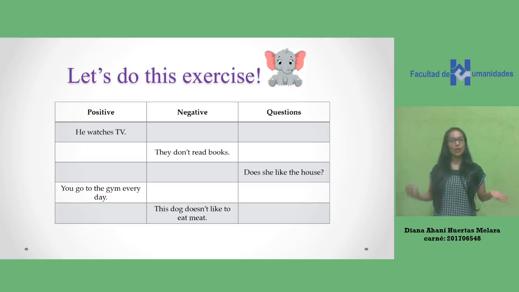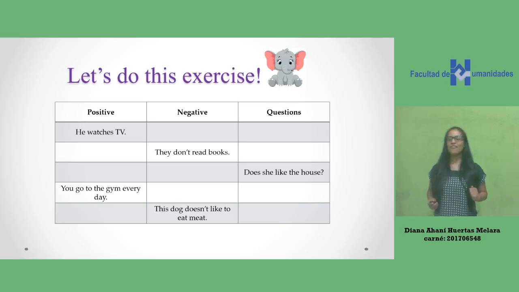Next one is a question, and it is, does she like the house? Next one is positive again. You go to the gym every day. And the last one is negative, and it is, this dog doesn't like to eat meat. So in this chart, you have to complete with the correct sentence using simple present and with the correct structure. If you want, we can do it together, right?